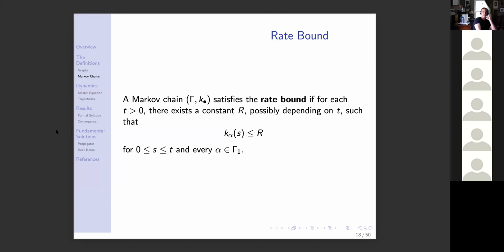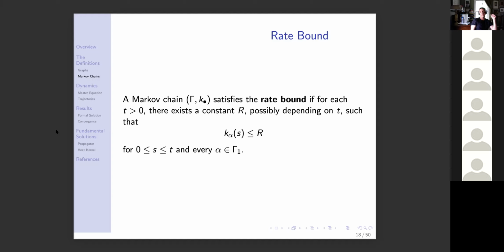A Markov chain, given by a directed graph and the rates K bullet, satisfies the rate bound if for each time t greater than 0, there's a constant r, possibly depending on t, such that the rates are bounded by r when you evaluate them between 0 and t. This bound r has to work for every edge.